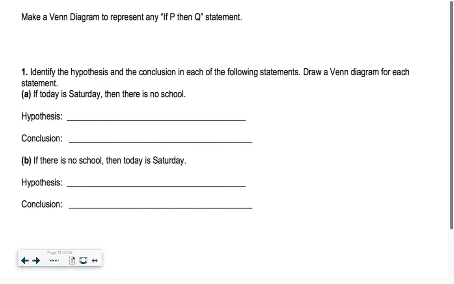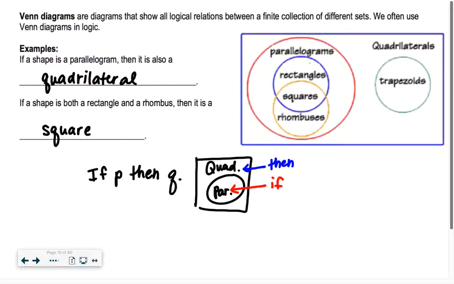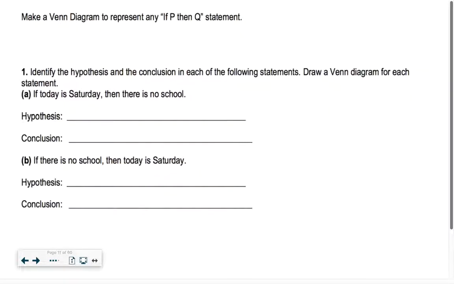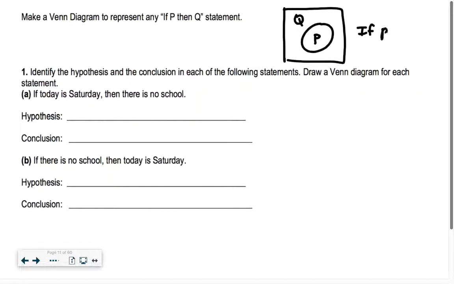All right, so it says make a Venn diagram to represent any if P, then Q. So I did that right there. So we have P on the inside, Q on the outside. So our if is on the inside, our Q is on the outside. So it says identify the hypothesis and the conclusion. Now some of these are not necessarily true, and we tried to make some of them so they're not true.